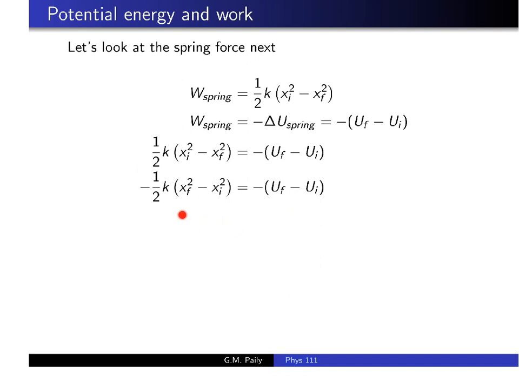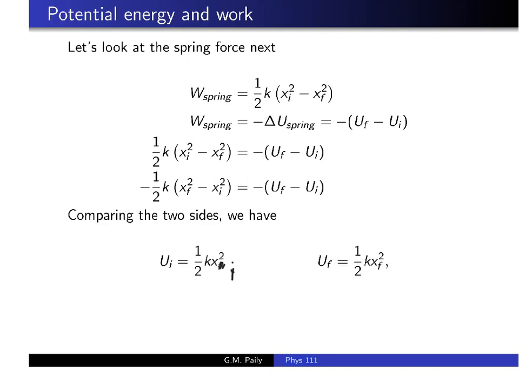So it's now x final squared minus x initial squared, but there's a minus sign outside. We can distribute the 1/2 k inside the parentheses, and we see that U initial is 1/2 k x initial squared and U final is 1/2 k x final squared. Or if we just generalize, then in general the potential energy of the spring is 1/2 k x squared. All right, so that is our expression for the potential energy of the spring.